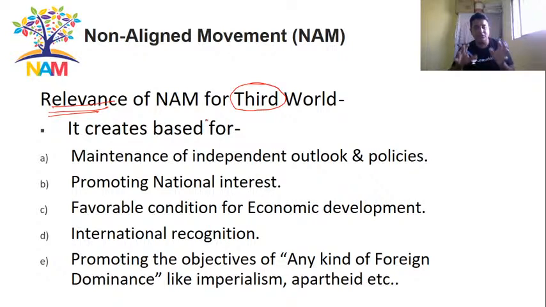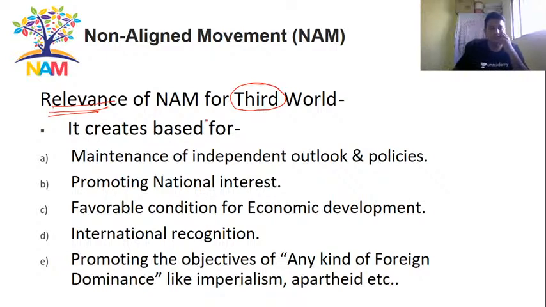Do you really think these two blocks, capitalist and communist, would have treated small countries with respect? Do you really think they are going to treat them nicely? Don't you think these small countries would fall into the trap of the Cold War, fall into the trap of neocolonialism?